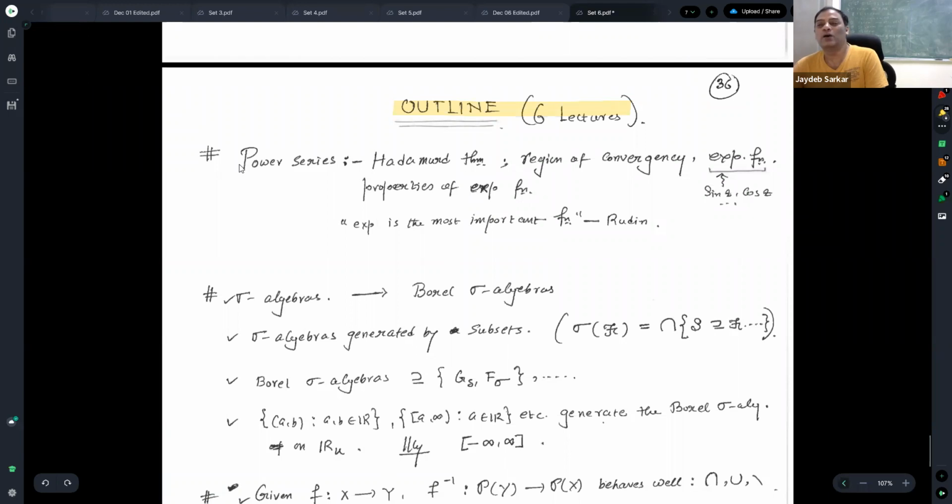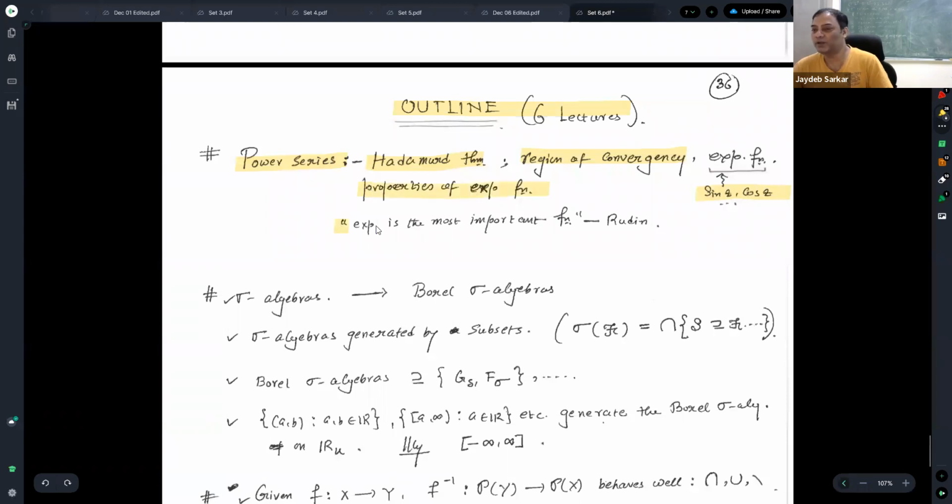Okay. All right, so we started with power series. It's a very important component in analysis, real, complex, harmonic, anything you wish to talk about. And we pointed out the Hadamard theorem that tells you straight away the region of convergence. And then we went on talking about exponential functions, sine of z, cosine of z, and many interesting properties of the exponential function.